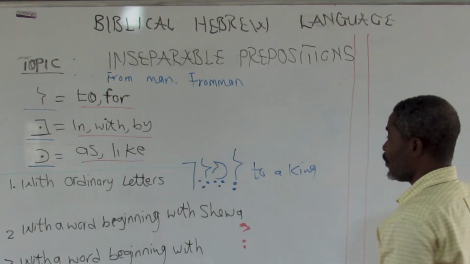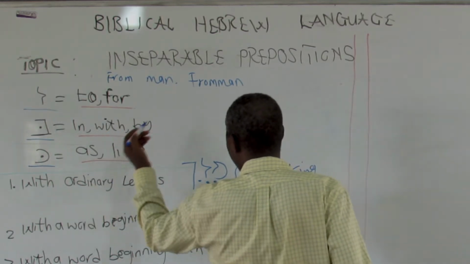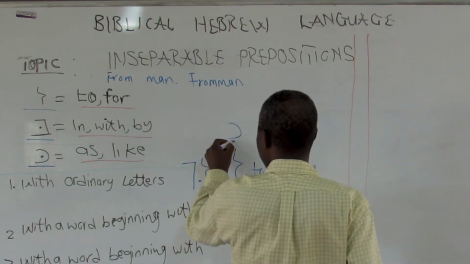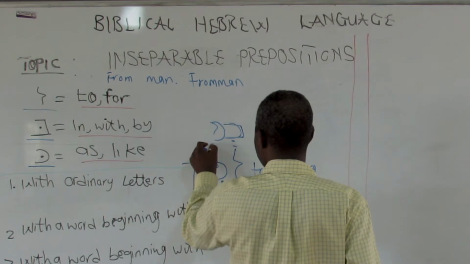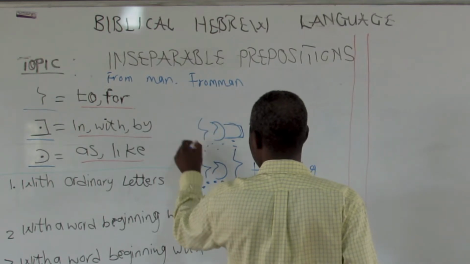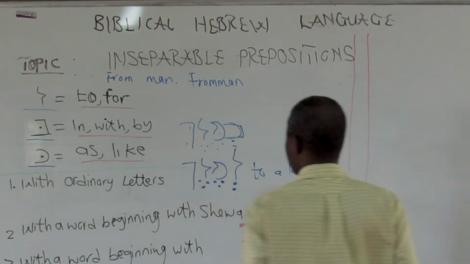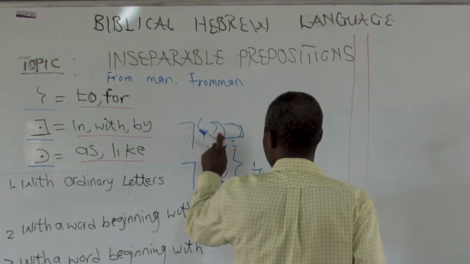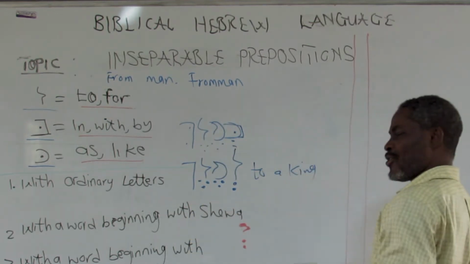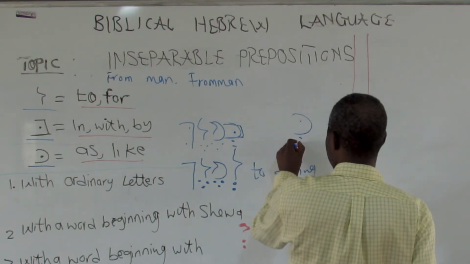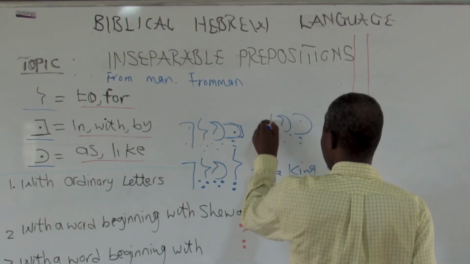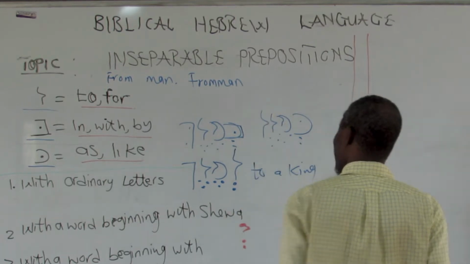And the same thing applies. If you want to say in or with a king, you write be melech. If you want to say as or like a king, you write ke melech.